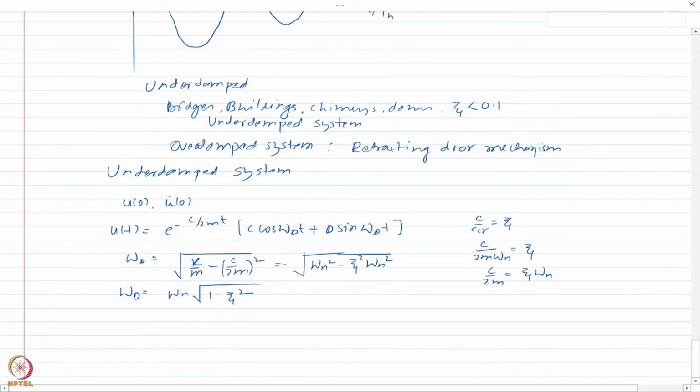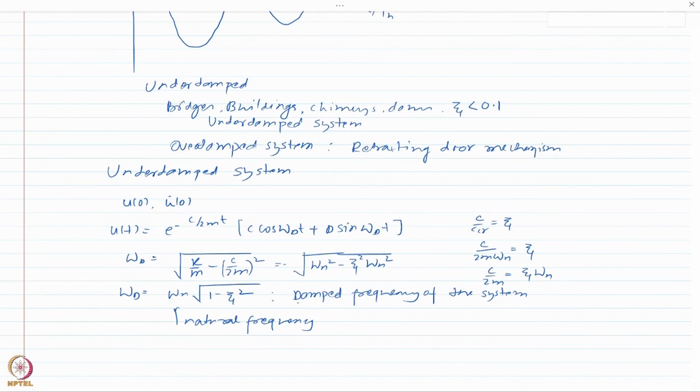And this is called the damped frequency of the system. This is different from the natural frequency of the system. Note that I'm omitting the term circular frequency, and at many places we'll do that.